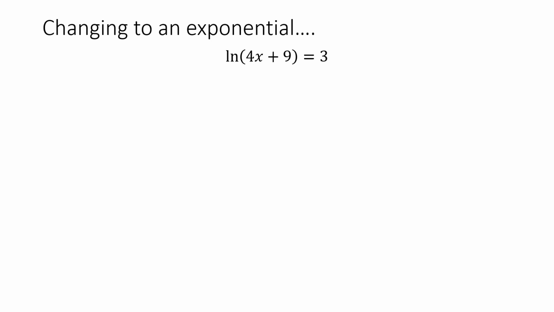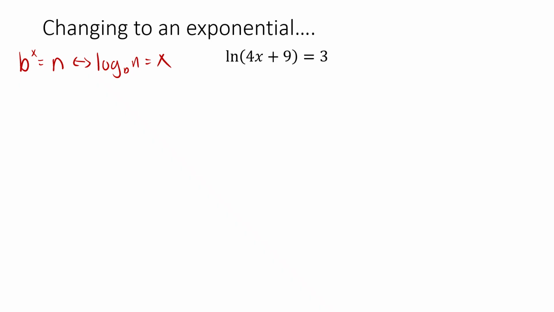So one of the ways that I've had my students do this is we have off to the side this little statement, log base b of n equals x, and that's our statement for converting from an exponent to a log and back and forth.